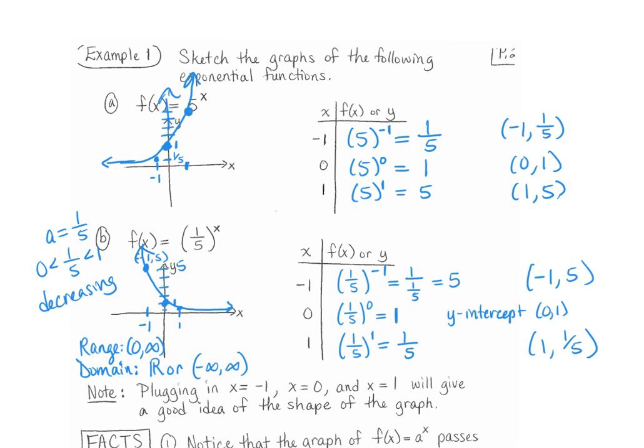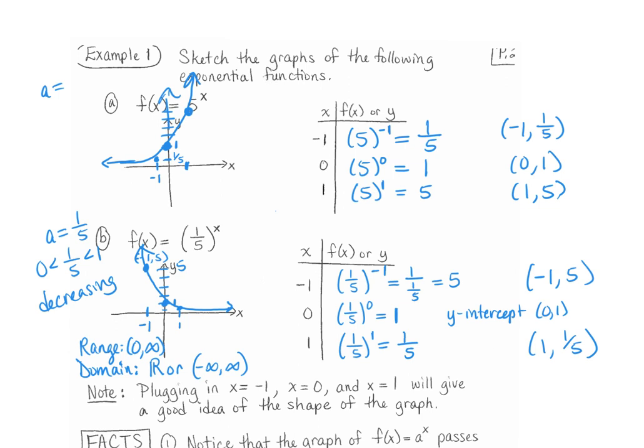No. So that's what it means when we say as x approaches negative infinity, our function gets closer and closer to 0. As x approaches infinity, our function goes where? We said up, or it increases, but what do we say it goes to? Infinity, yes.